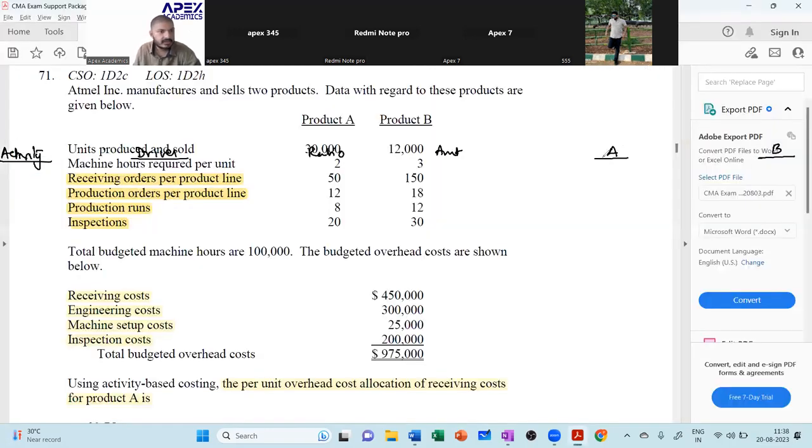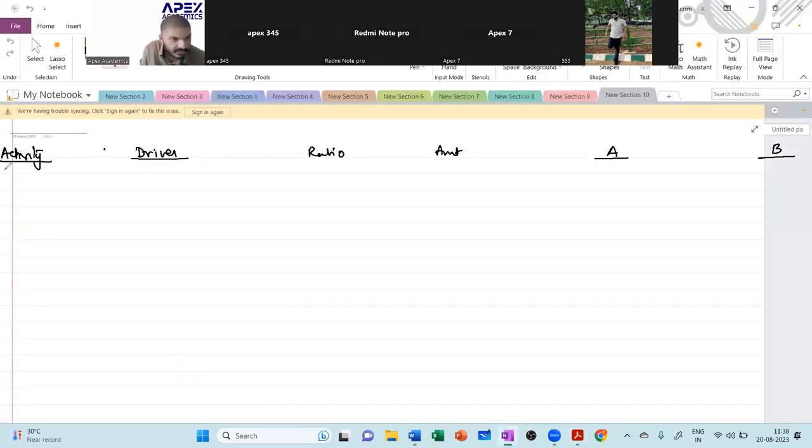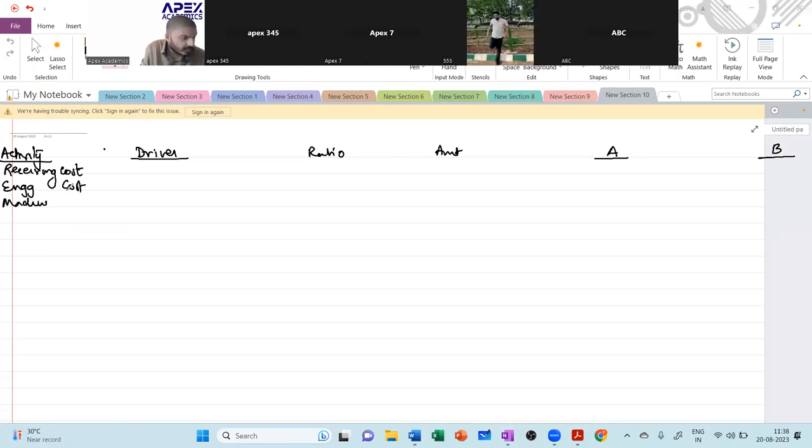Now, let's begin. My first activity is that of receiving cost. What are all these items over here? These are your activities. So I'll make a list of my activities first of all. My first activity is receiving cost. My second activity is engineering cost. My third activity is machine setup cost. And my fourth activity is inspection cost.